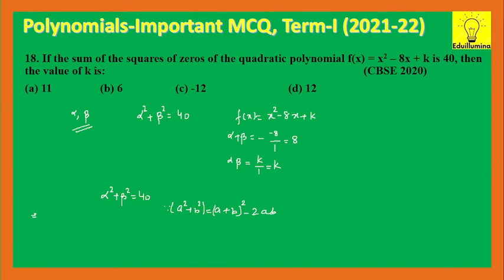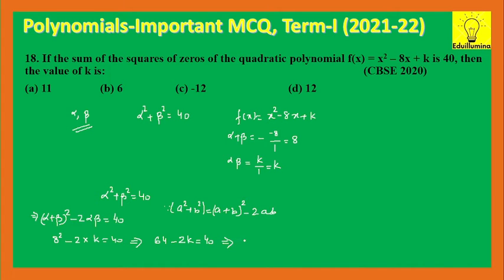So alpha square plus beta square will be equal to alpha plus beta whole square minus 2 alpha beta, equal to 40. Alpha plus beta is 8, square, minus 2 alpha beta, which is k, is equal to 40, which implies 64 minus 2k equals 40.